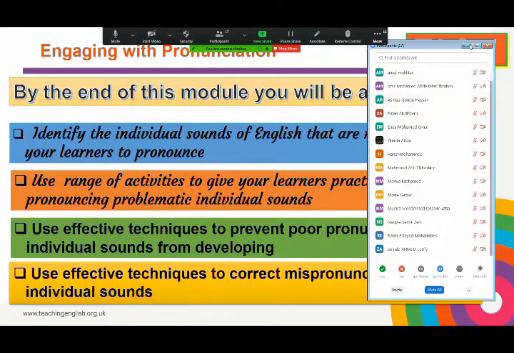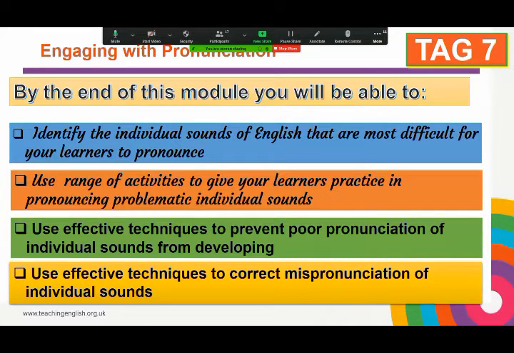Okay? So, number 3, use effective techniques to prevent poor pronunciation of individual sounds from developing. And use effective techniques to correct mispronunciation of individual sounds. So, these are our aims by the end of this module.